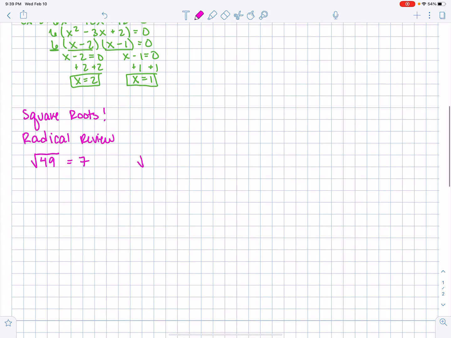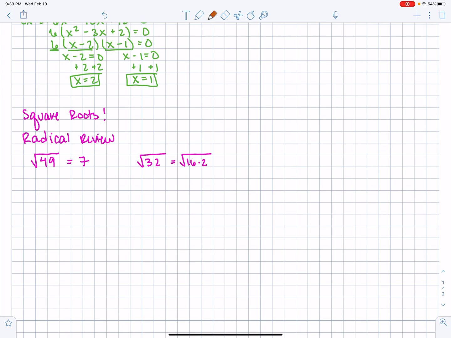Now, sometimes they don't have nice even numbers that they work with, or nice whole numbers. So the square root of 32. And you would say, well, I don't know what times itself gets you 32, but you can break it down a little bit more. And we can say that 16 times 2 is 32.